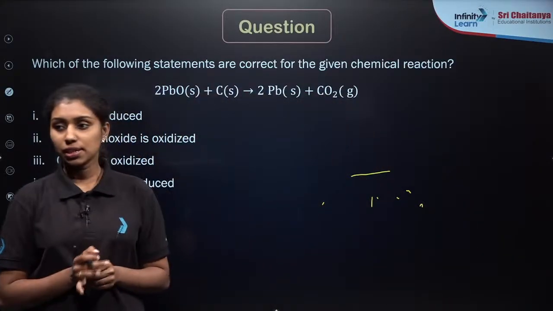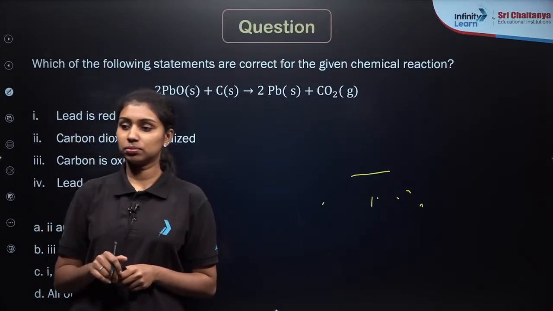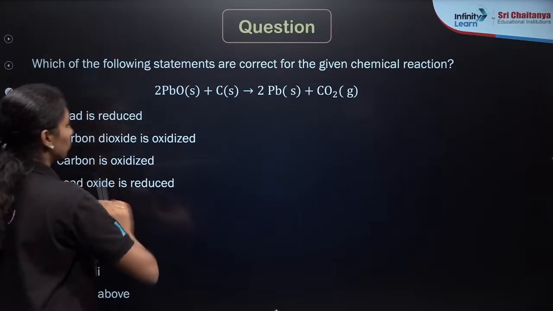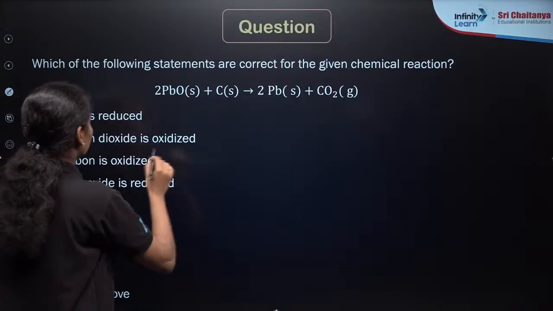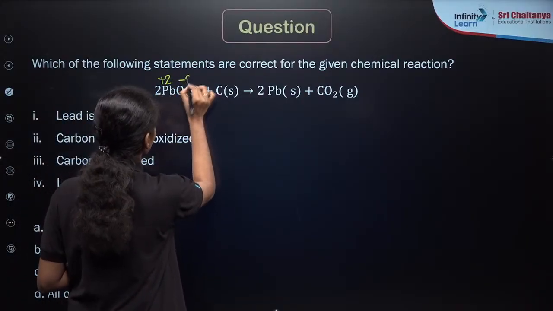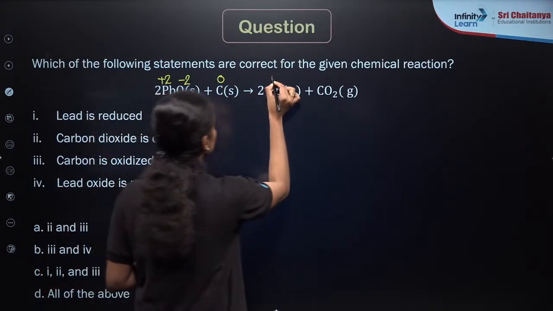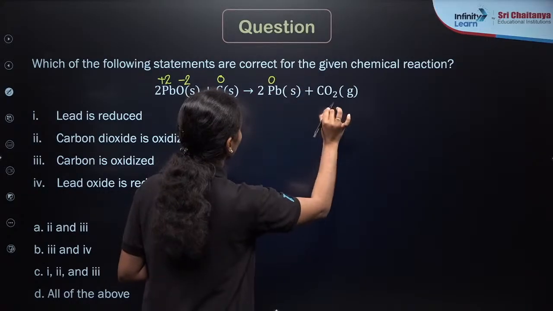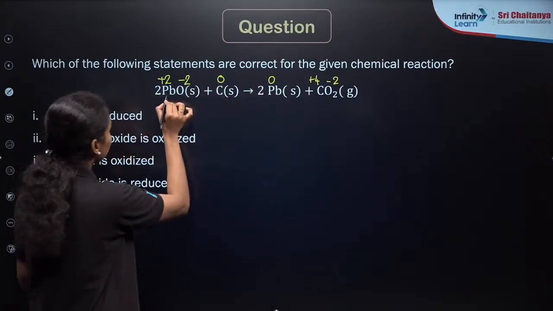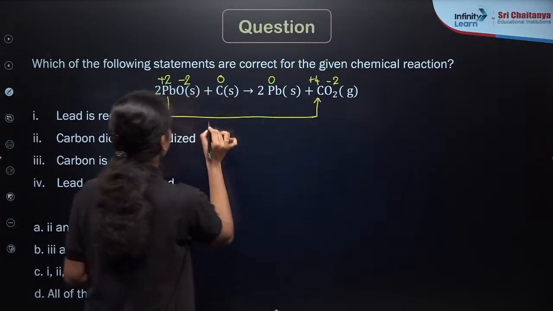If I am asking about the oxidation number, lead will have a +2 oxidation state here, oxygen will be -2, and carbon is a single element here, so it will have 0. Lead is 0 over here, and for carbon dioxide carbon will be +4 and oxygen -2. So what is observed here? The lead changes its oxidation number from +2 to +4, which means that it will be undergoing oxidation.